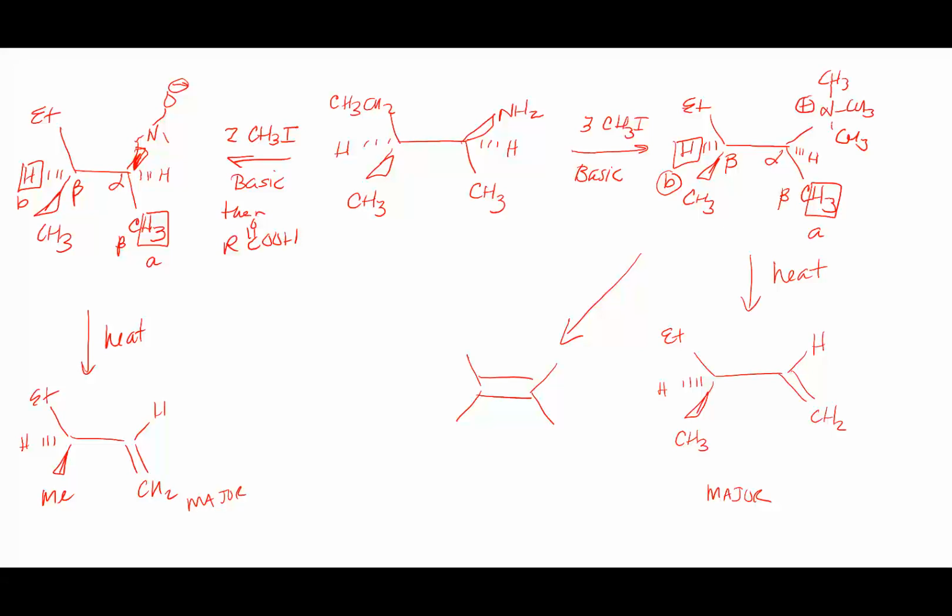On the right-hand side, it's going to be a hydrogen and a methyl. And on the left-hand side, after eliminating the beta hydrogen, it's going to be an ethyl and a methyl. So my question is, for Hoffman elimination, will the methyls be cis or will the methyls be trans in that product?